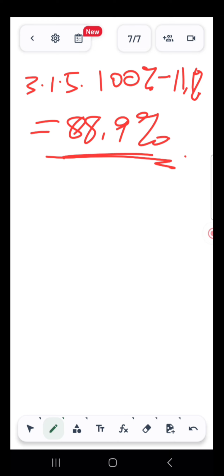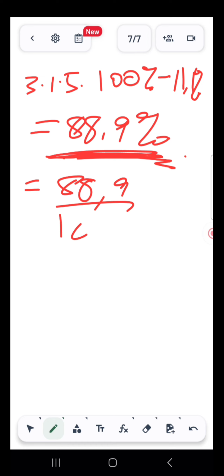So we must convert this percentage form into a fraction. So we know 88.9% is the same as 88.9 over 100. But that is not a proper fraction. We must get rid of the comma. So we add a 0.